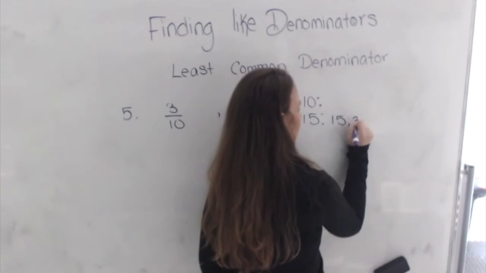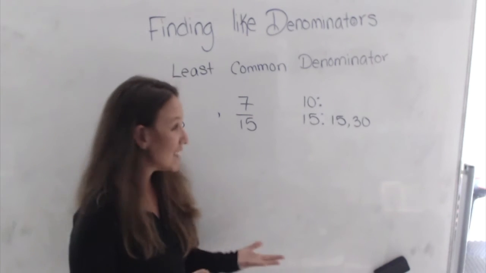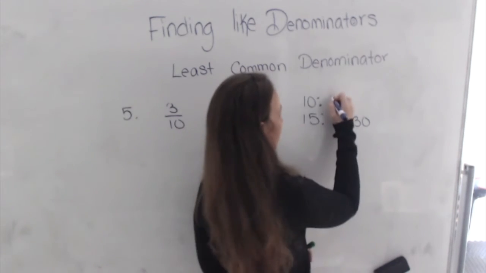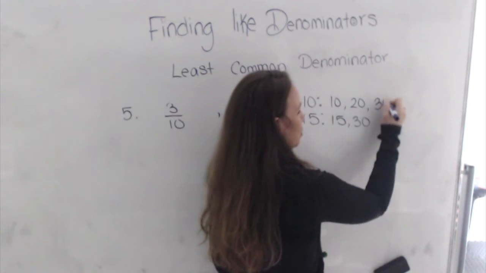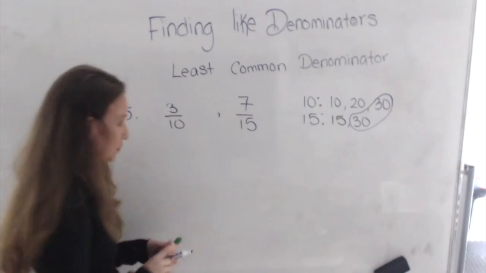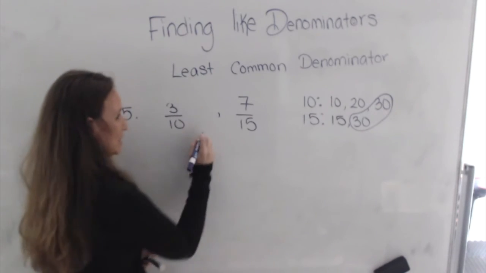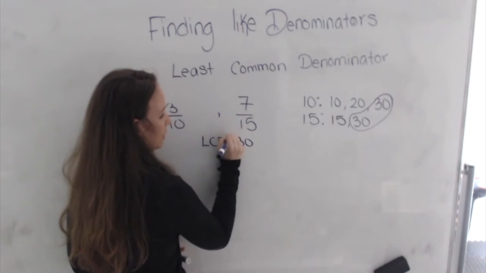That's 30. Does 10 go into 30 evenly? Yes, 10 times 3 is 30. 10 times 1 is 10, 10 times 2 is 20, and 10 times 3 is 30. So, my least common denominator is 30.